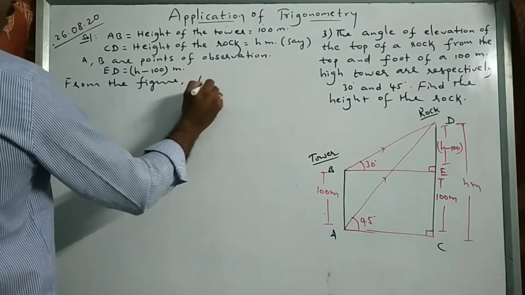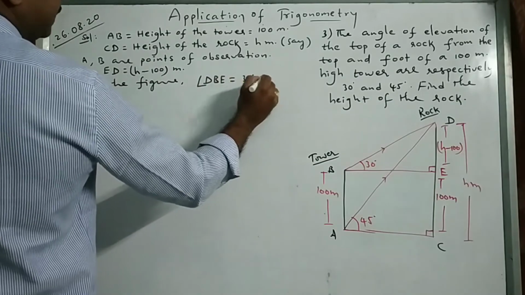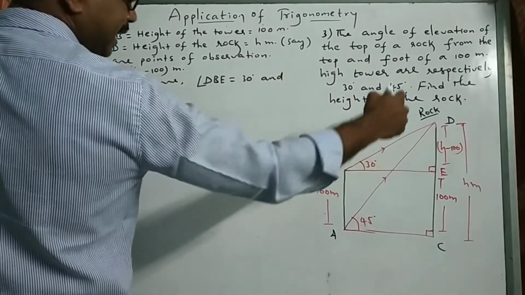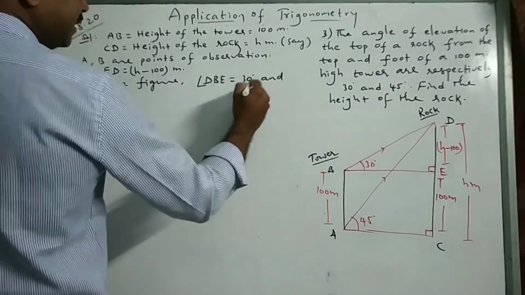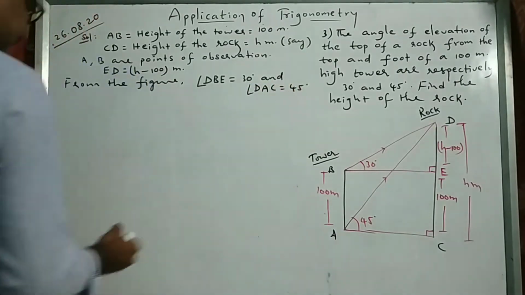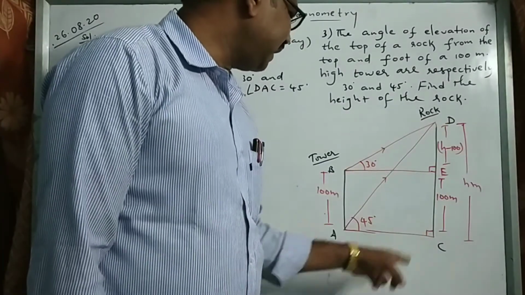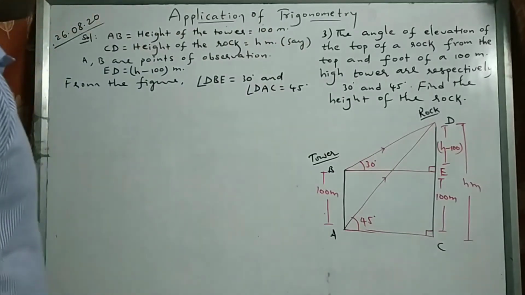DBE, angle DBE, how much? 30 degrees, and angle DAC equal to 45 degrees. Okay, angle DBE 30 and DAC 45.